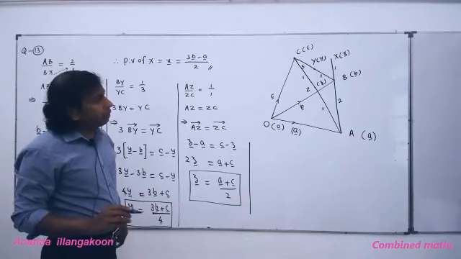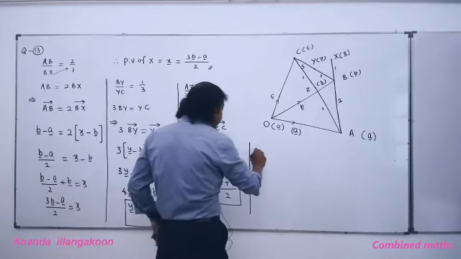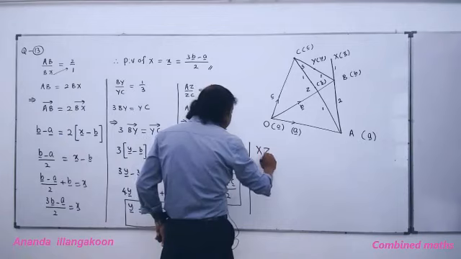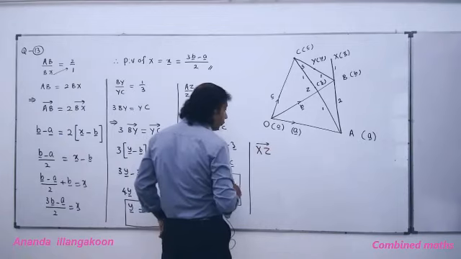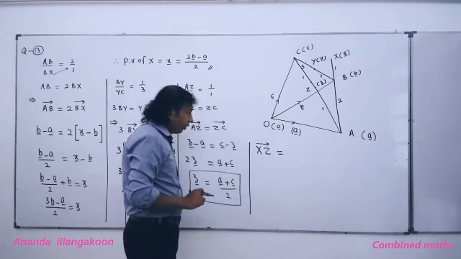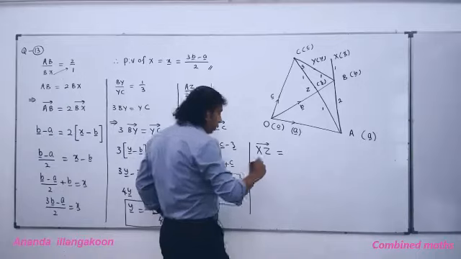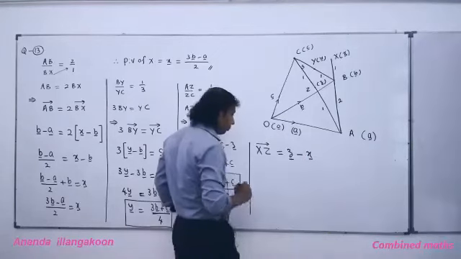People, I am going to take first these vectors. I am going to take XZ vector first. People, tell me how to write the XZ vector. XZ vector you can write, second letter is Z, no? Its position vector minus first letter position vector this way.